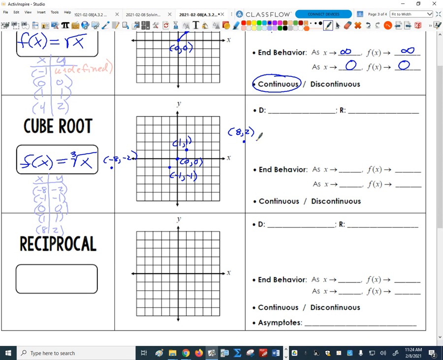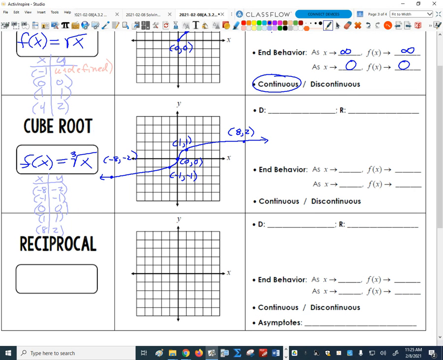And then this graph, oh, whoops, I put that in the wrong spot, didn't I? That one's supposed to be negative 8, negative 2, so it's right there. Let me try that again. Something like that.